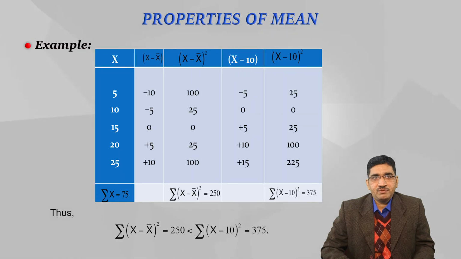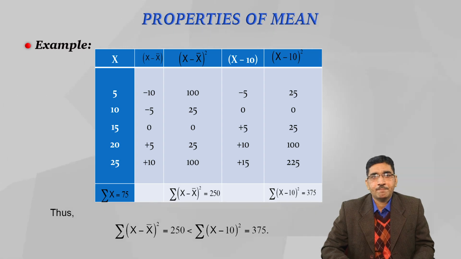In the example we have taken the x values 5, 10, 15, 20 and 25. The sum of all the values is 75. We have taken the deviations from the mean. So the mean is calculated as the sum of all the values, 75, divided by the total number of values, 5.